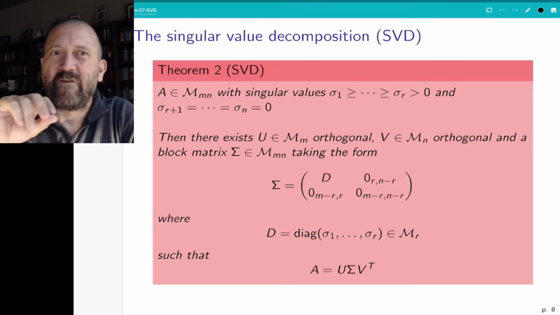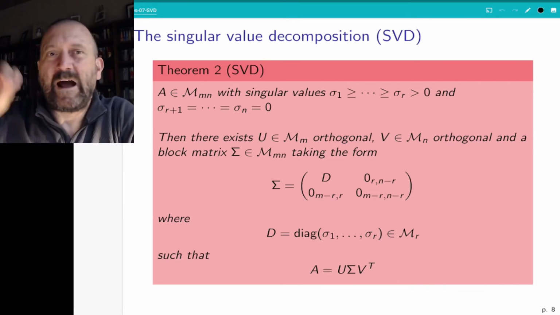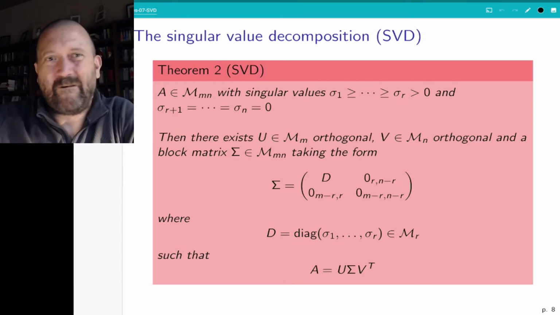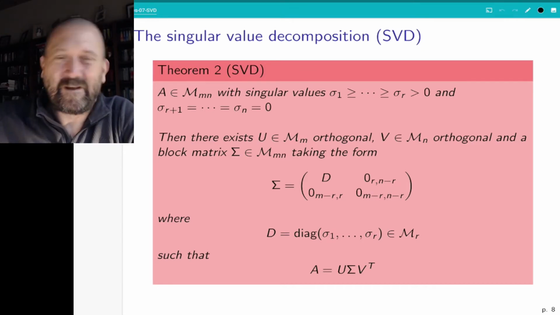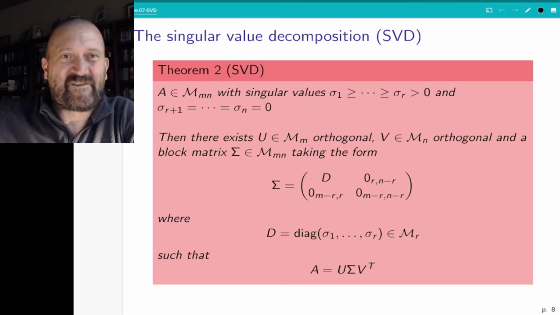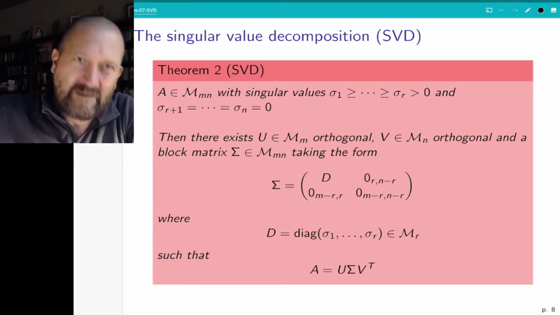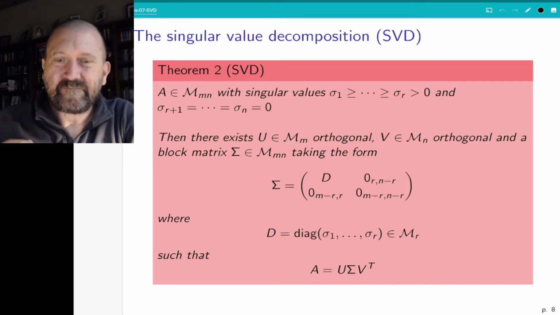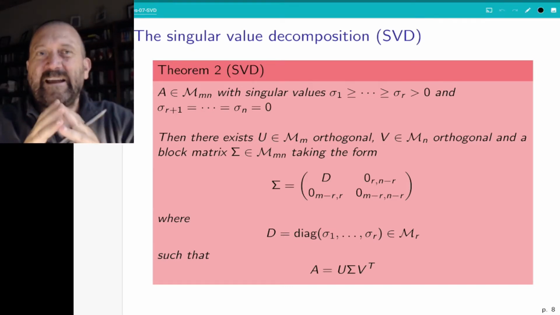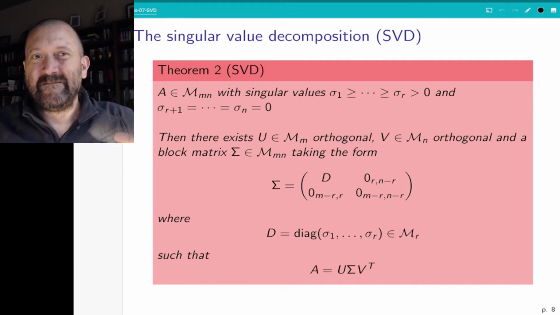I wouldn't write lambda equals 1 has algebraic multiplicity 3, for example; I would simply write sigma 1 equals sigma 2 equals sigma 3 equals 1. So that means that I have n singular values, but some of them might be equal.